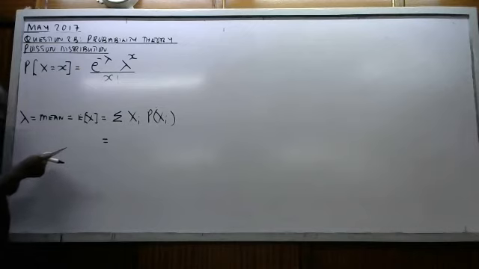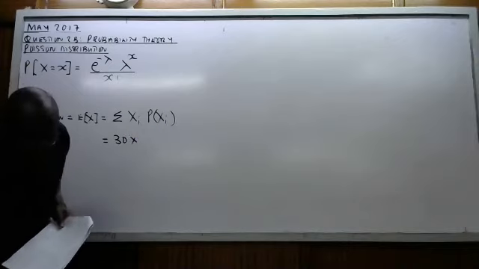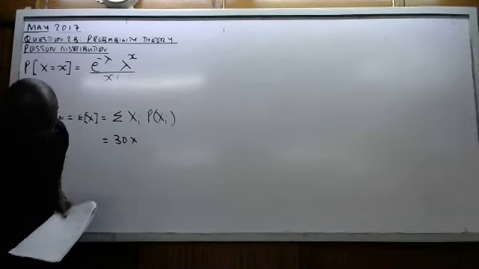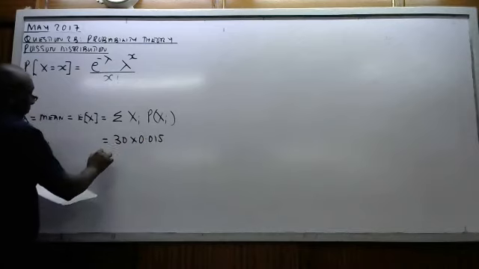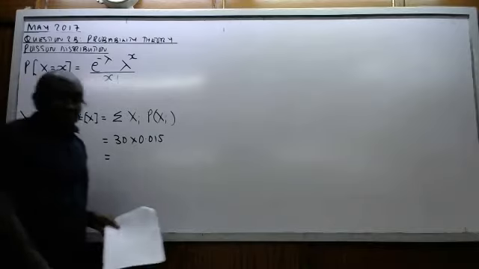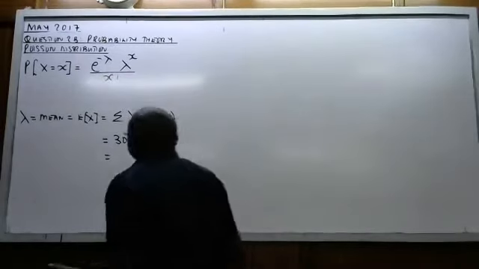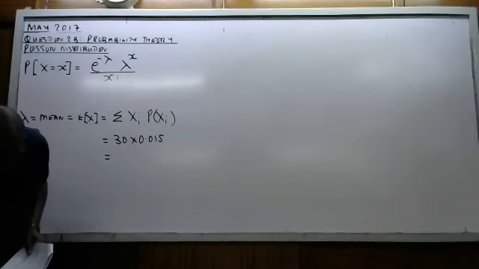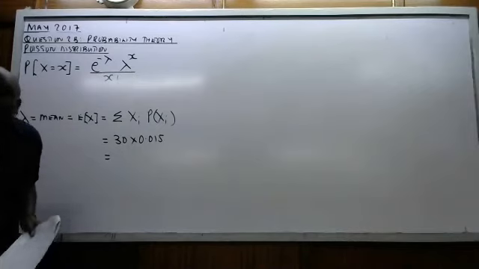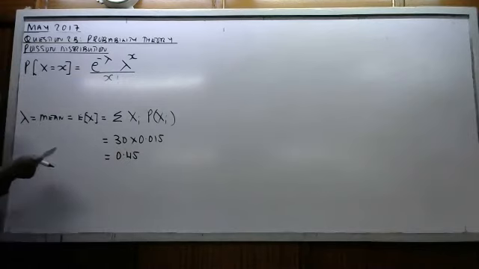So we are told that there are 30 machines, and the probability of failing is 0.015. When you multiply that, send me the answer. Same as 30 times 0.015, that is 0.45. You are told the probability that x is exactly 4.